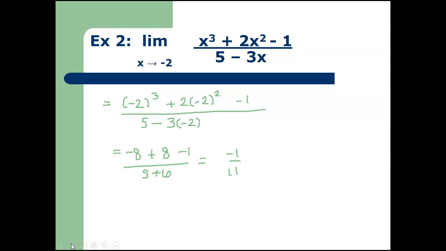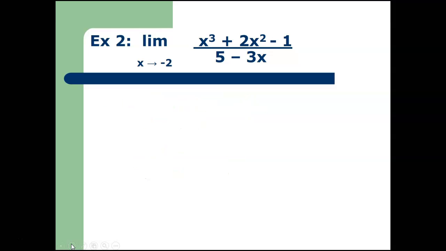So we get -1 over 11. We get lucky, and when we substitute it into this crazy messy function, it's a nice pretty number. So the first two examples are pretty easy: simple, substitute in, get a number out. So that is always our first thought: substitute in to get a number.